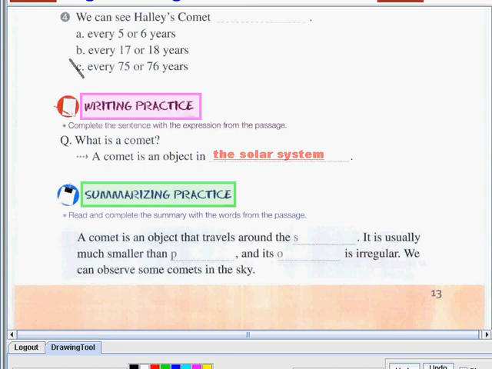Okay, so let's start now. A comet is an object that travels around the blank. It is usually much smaller than blank, and its blank is irregular. We can observe some comets in the sky. So try to think for the answer in this part.